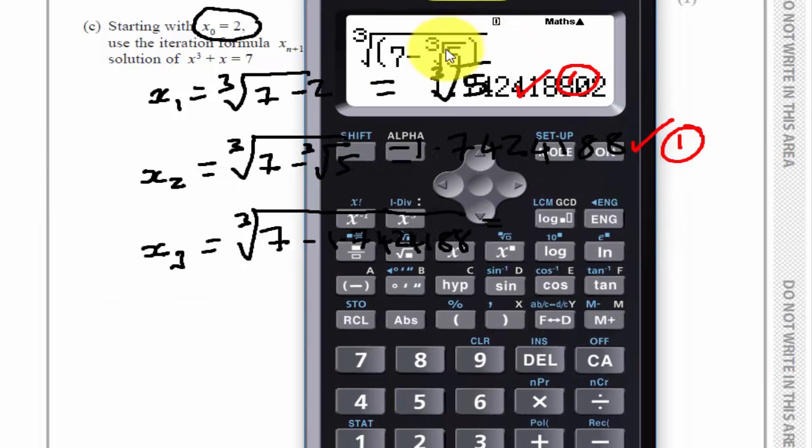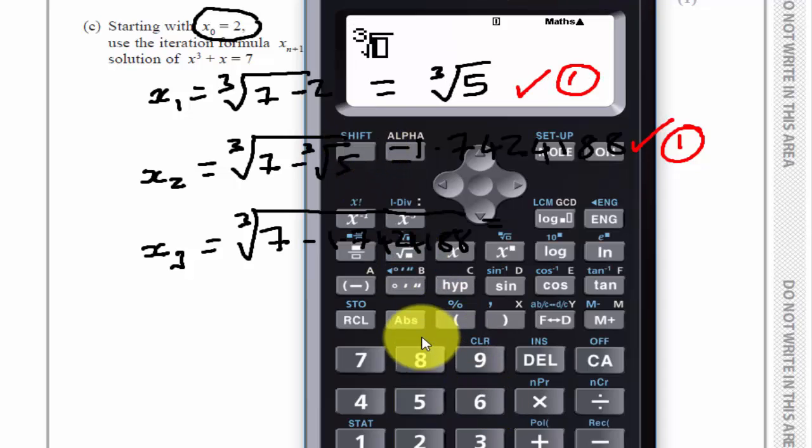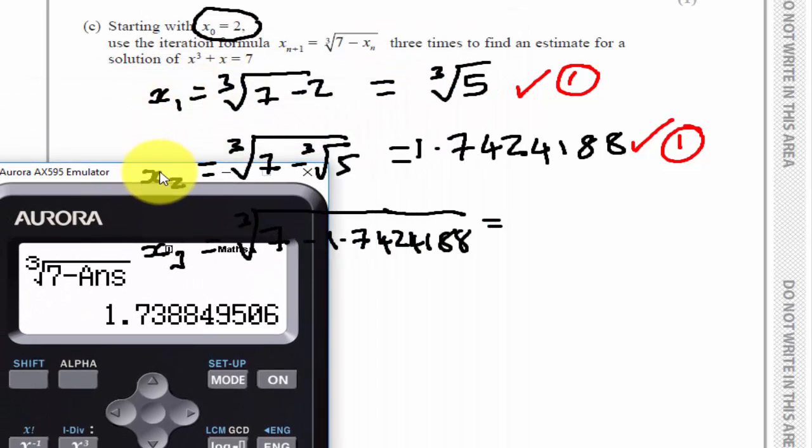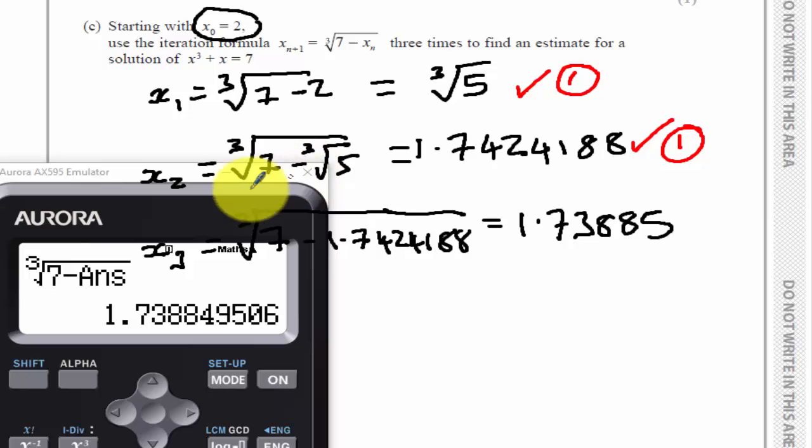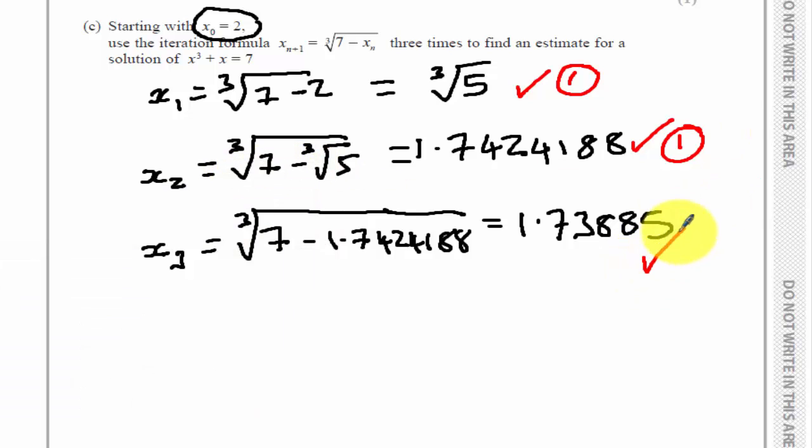So all I'm going to do is the cubed root of 7 minus my previous answer, and I get 1.73885, and I have my third mark.